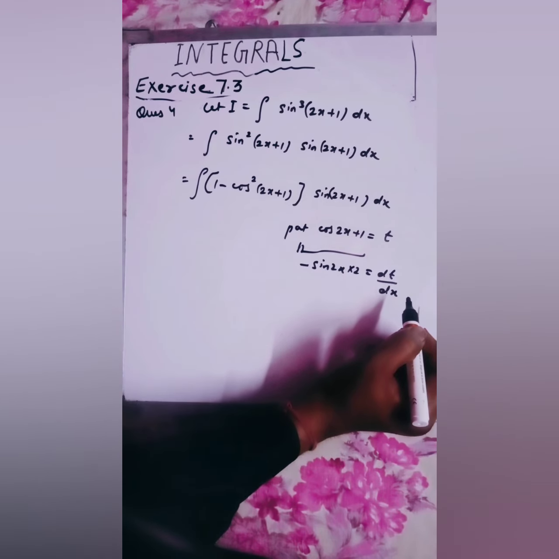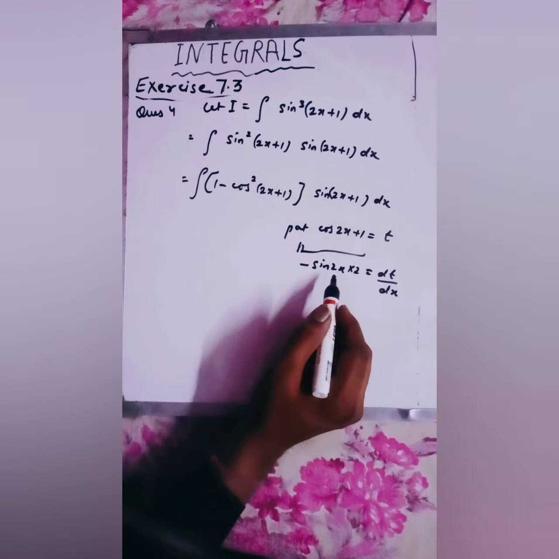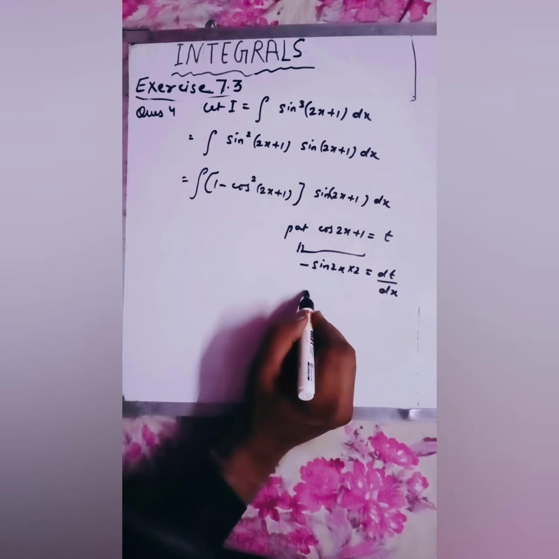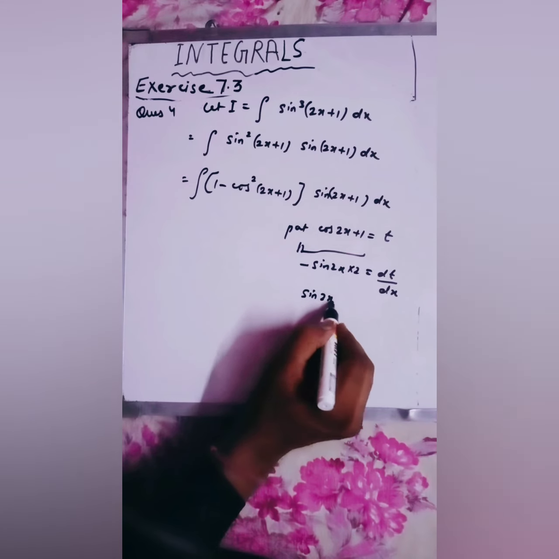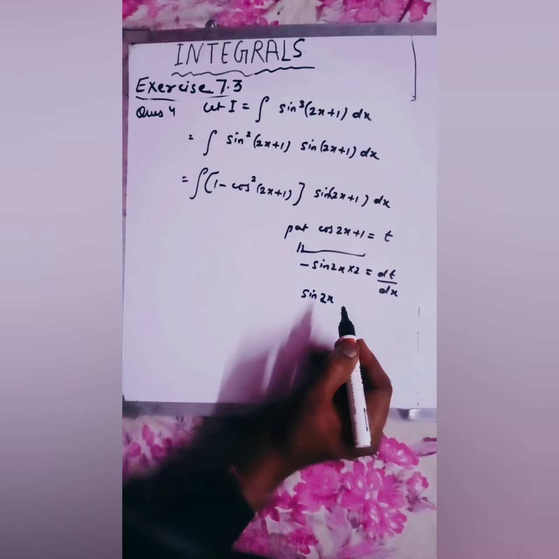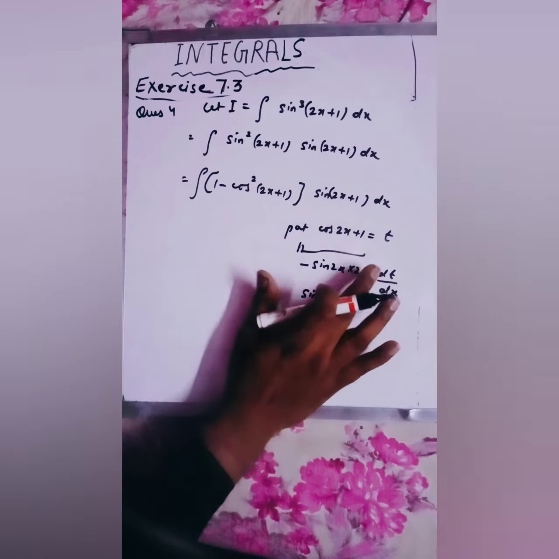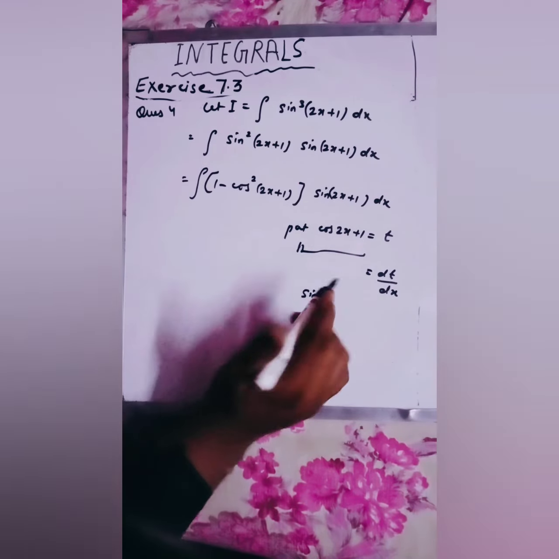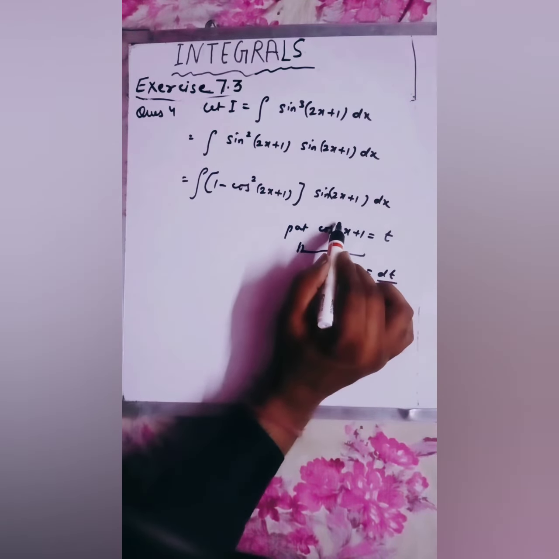Many students make problems here, so consider properly when you have to use integral, when you have to use derivative. Fine, so I'm writing sine 2x. Just wait, there is a mistake.